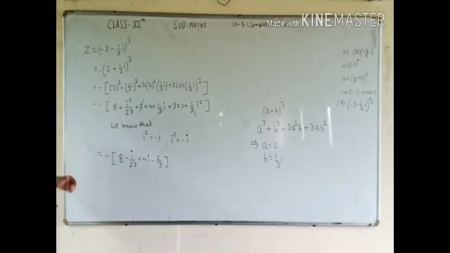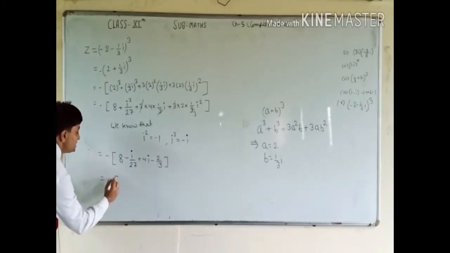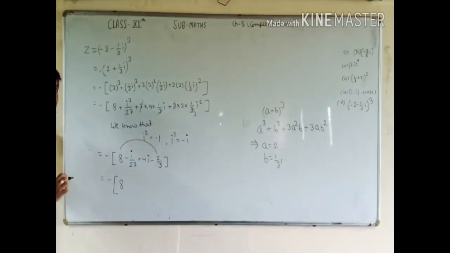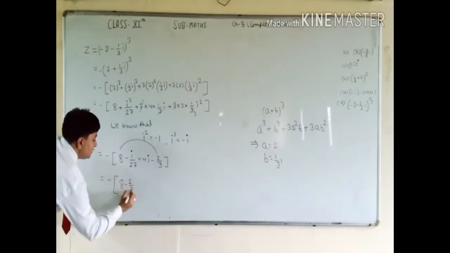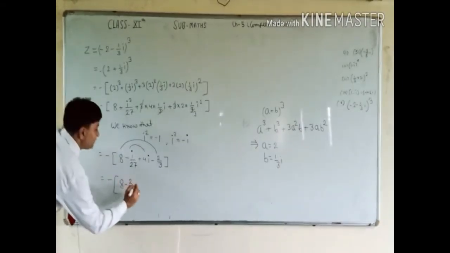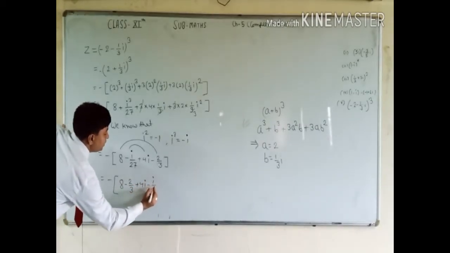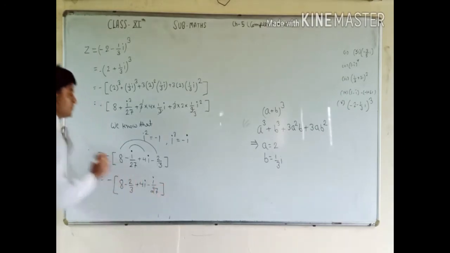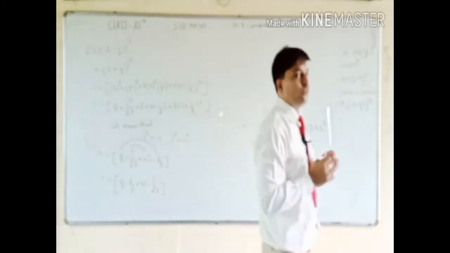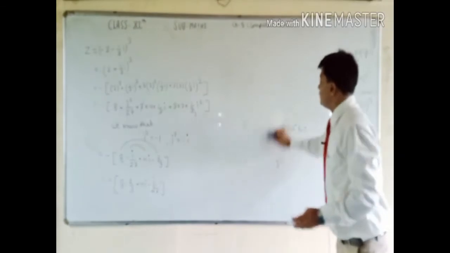Okay students, now separate to each other. This is minus, this is 8, the values are real, so connect to each other, and the values are imaginary, so this is 4 iota minus iota upon 27. Okay students, now the next value is for the real and imaginary number.